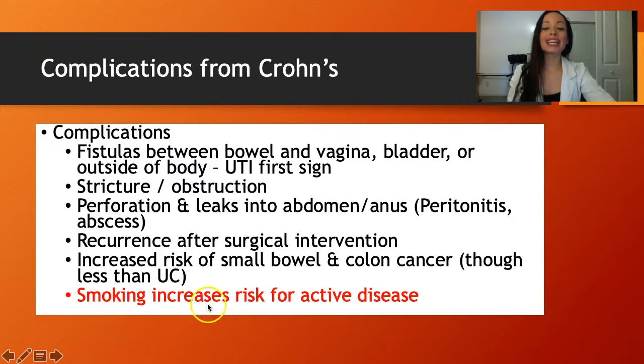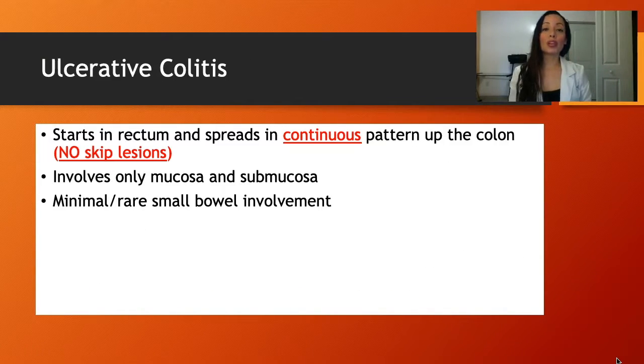And smoking increases the risk for this disease. So for Crohn's, if you smoke, increased risk. With UC, it's only the large intestine, okay? So the large intestine, the colon, remember the colon has the ascending, transverse, and descending. So it only happens there.